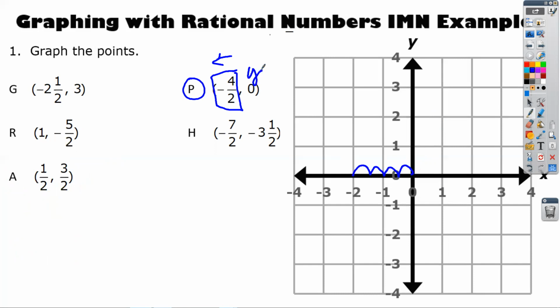And then my Y value says I don't go anywhere, I stay put. And again, if I converted this number 4 halves into a different way to write it, that would simplify it down to just -2, which is where I stopped at.